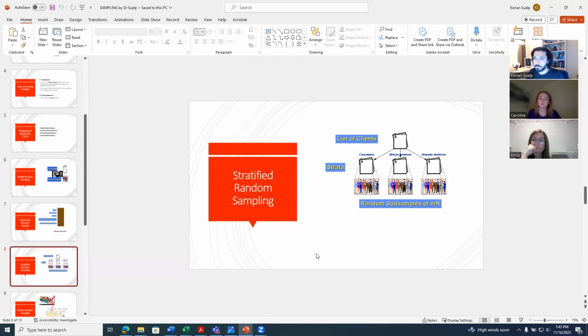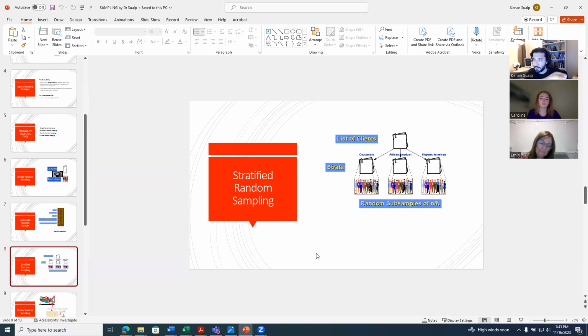So imagine that we are doing this study with UCF students, and race is the stratum. So I will have strata such as white, African American, Hispanic. I have the same categories in the population, right? So imagine that I am pulling from those boxes in the population.